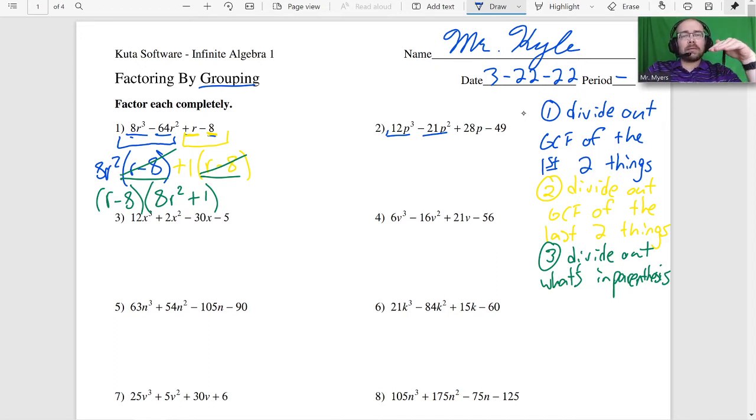So start with 12. Well, is 21 a multiple of 12? No, right? Because 12, 24, that's already more than 21. What about half of 12? 6. 6, 12, 18, 24. No, that doesn't work either. And you kind of just go through the list.